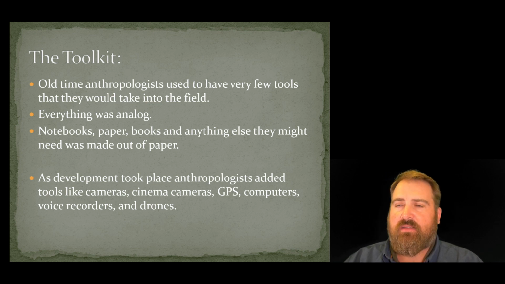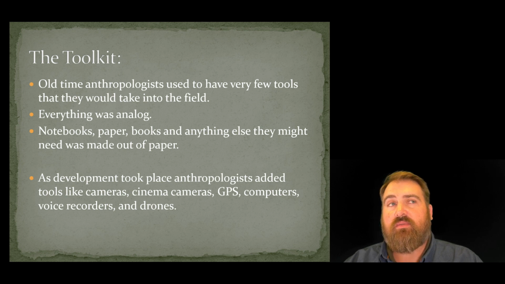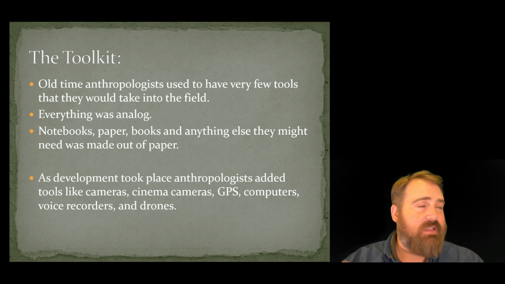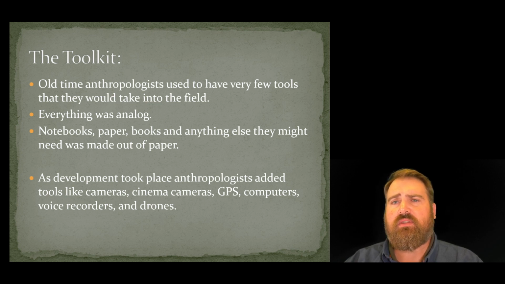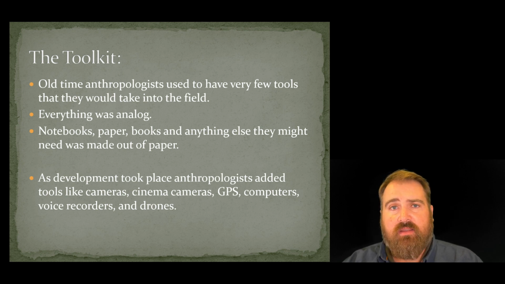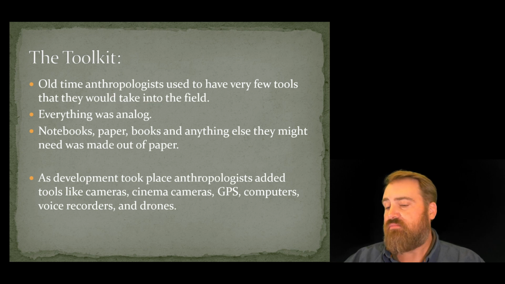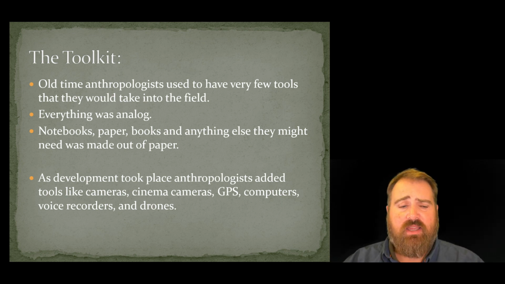We take a look at today, what would you need? What do we have available to us, right? We've got cameras and video recorders, and I've got GPS, I've got drones, I've got all kinds of equipment that I can use to record everything. And that can also be an interesting issue to deal with. In some communities, they don't like to be recorded, right? Maybe you go in and you're like, hey, I want to listen to this ceremony that you guys are doing, and I'd like to record it.